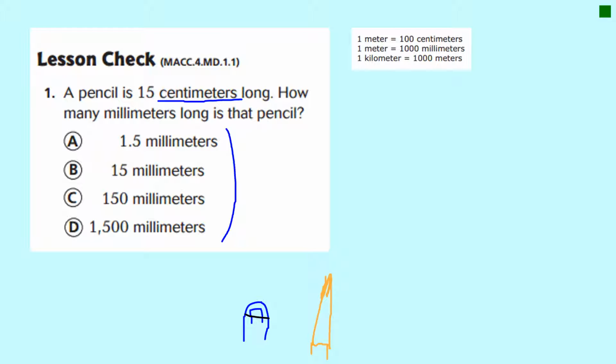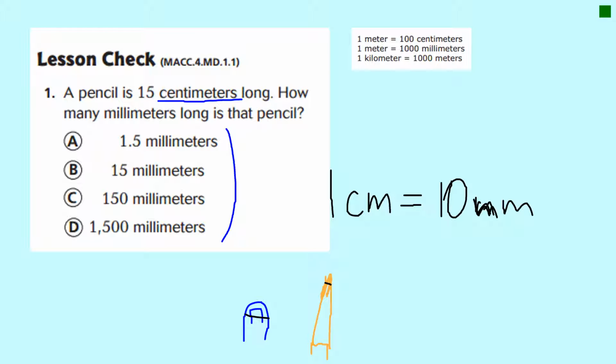And a millimeter is just that part right across the top. So 1 centimeter is the same as 10 millimeters.